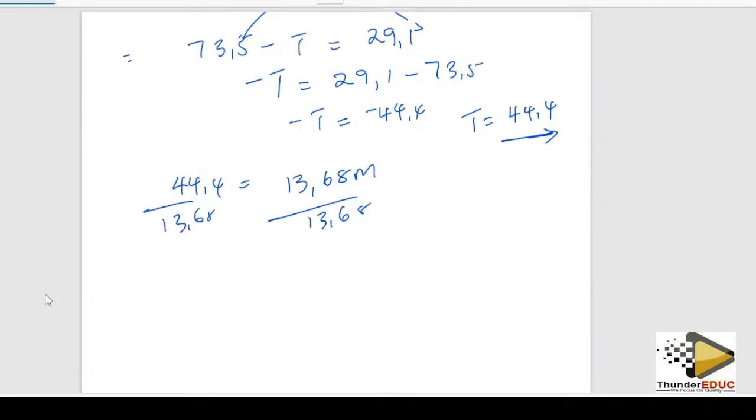When I do that, my M becomes 3,2456, which is the same as 3,25 kilograms. Okay, so that is that with that question.